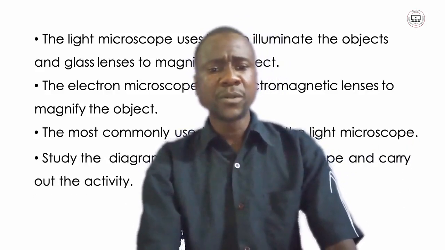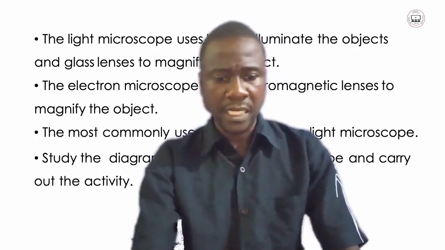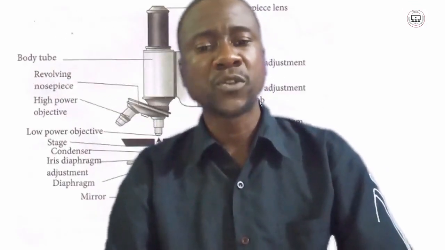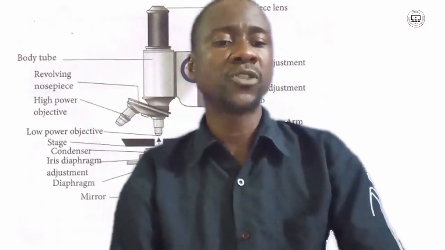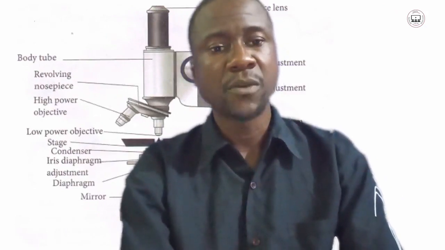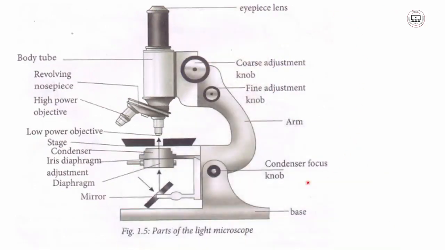So what we are going to do now, you are going to study. Now I give you a diagram for you to study carefully the parts before I pause the video to explain about the same microscope. Now this is the diagram of the light microscope, and it is showing you the parts of this light microscope. Now can you study this picture where we have the drawing of a microscope?